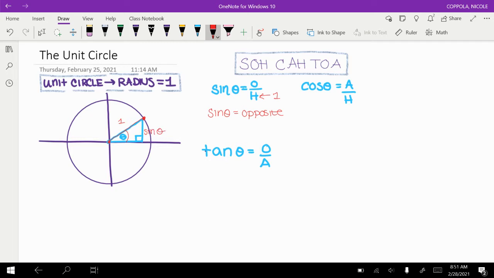All right, same thing, cosine is adjacent over hypotenuse, and because this is a unit circle, my hypotenuse is 1. So cosine of theta is equal to my adjacent over 1. So my adjacent is cosine theta.